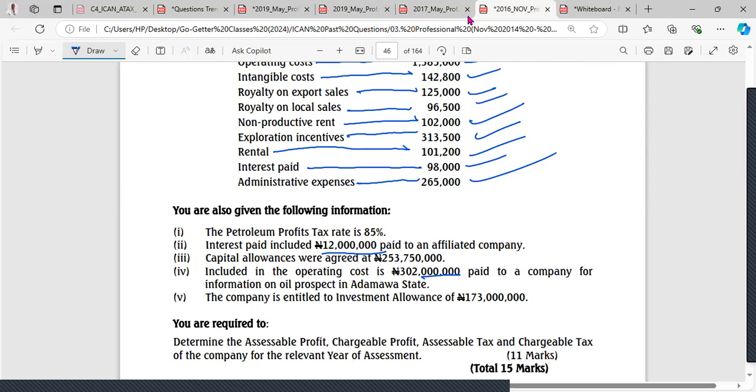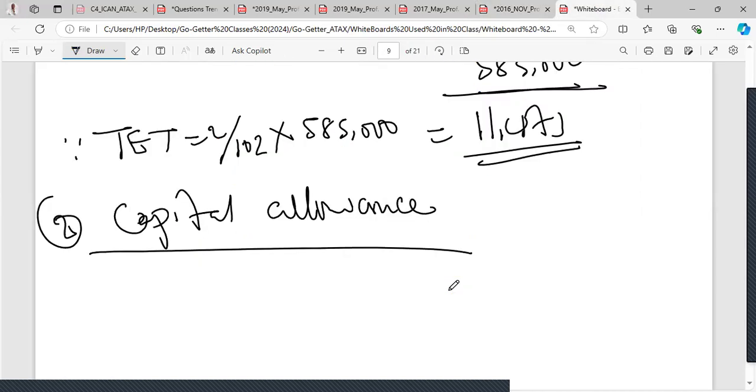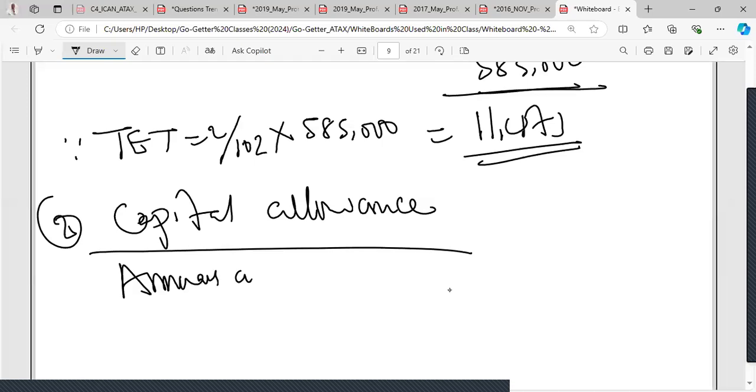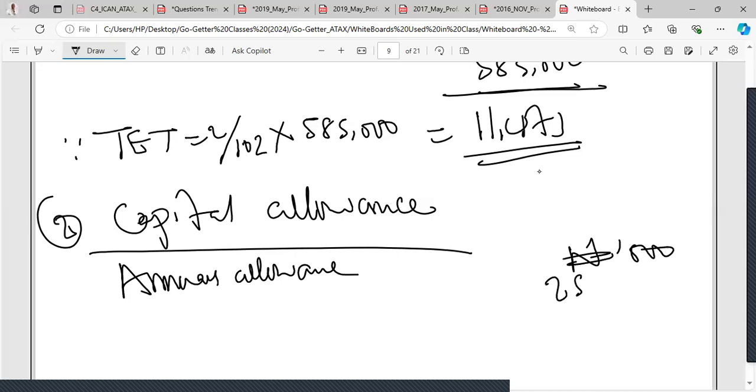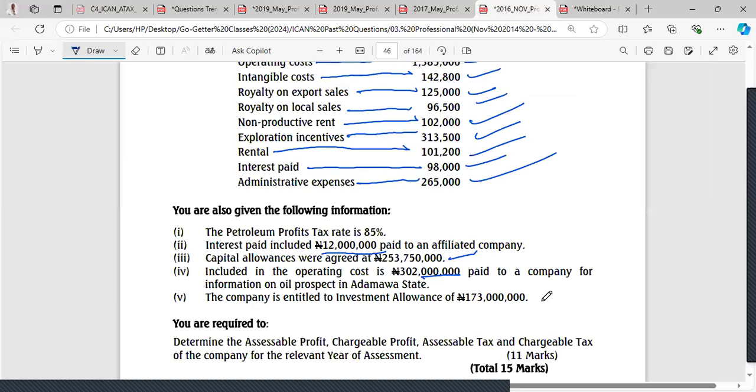Annual allowance, how much was agreed? We have 253,750. Petroleum investment allowance, how much was agreed? 173,000.